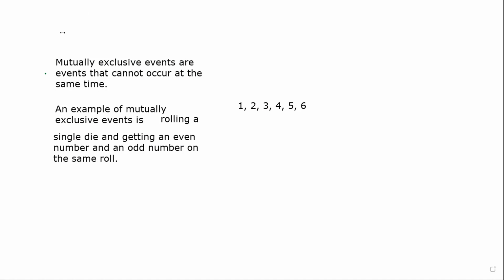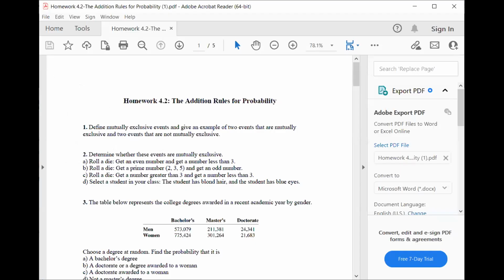So this was question one. Now, let's look at the second question here. Here we're asked to determine whether the events are mutually exclusive. So we're talking about rolling a single die, getting an even number and a number less than 3.